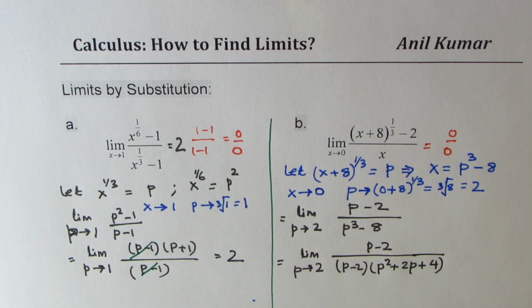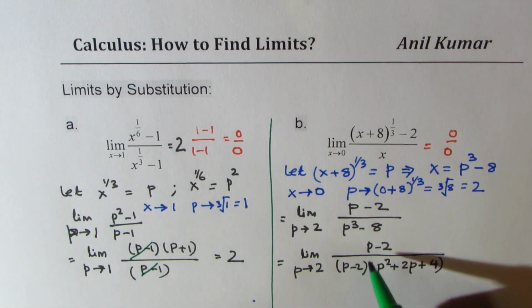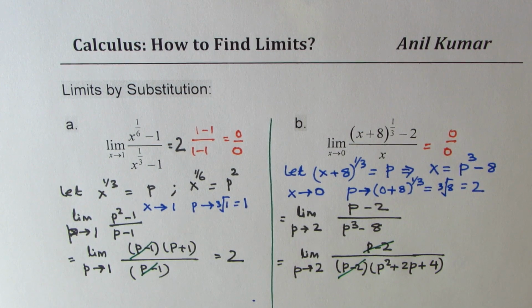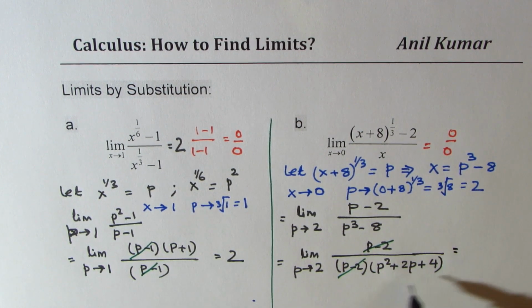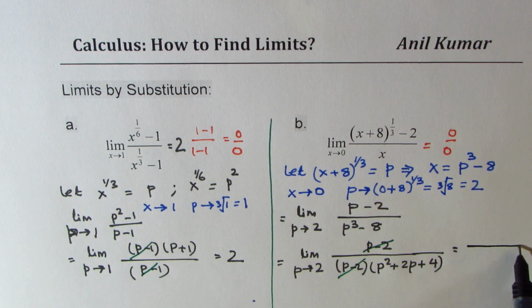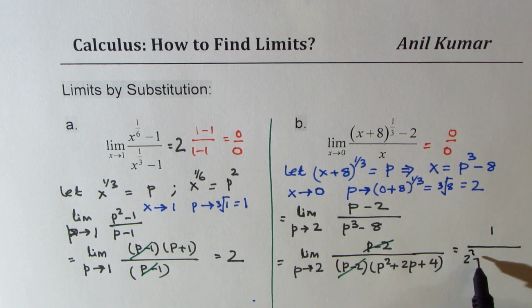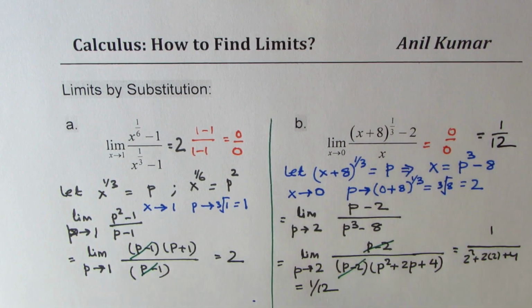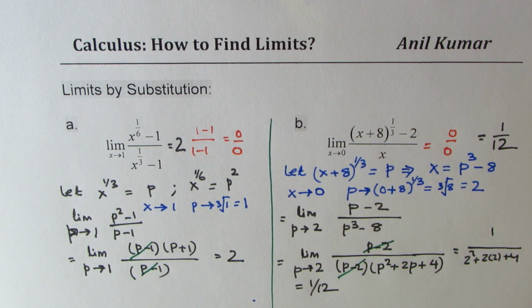Right? Now you could cancel the common factors. That's the whole idea. We got 0 over 0 simply because there was a common factor. And then you can substitute 2 here. So we get 1 over 2 squared plus 2 times 2 plus 4, which is 1 over 12. So the answer here is 1 over 12. You get it. So that is how substitution can effectively help us to solve limits.